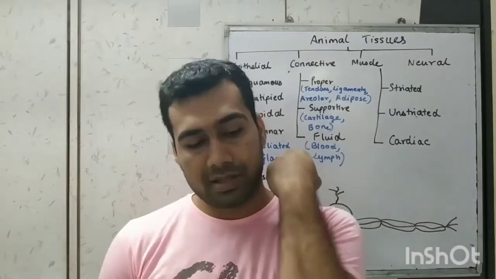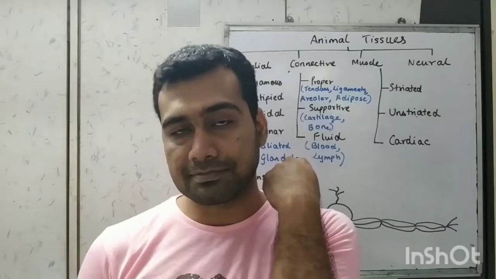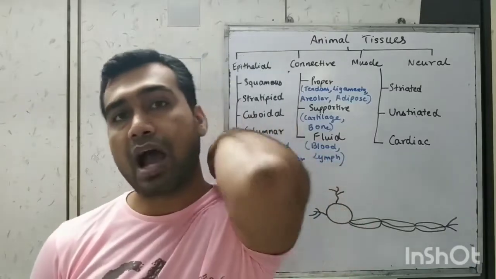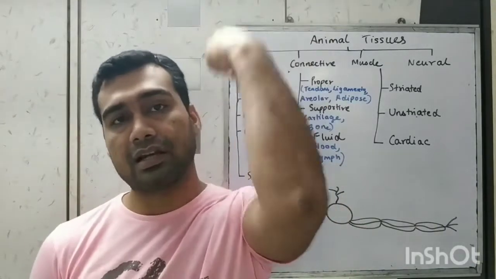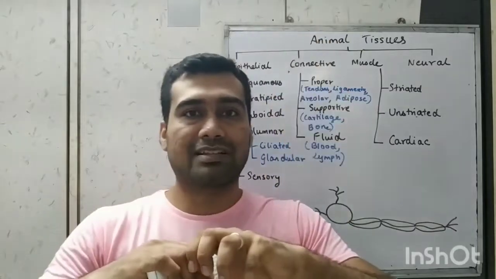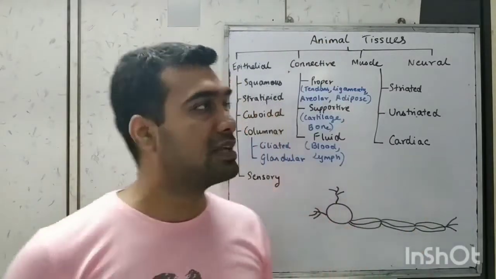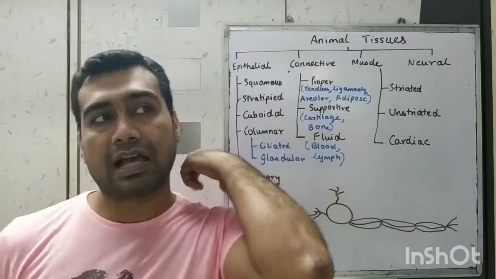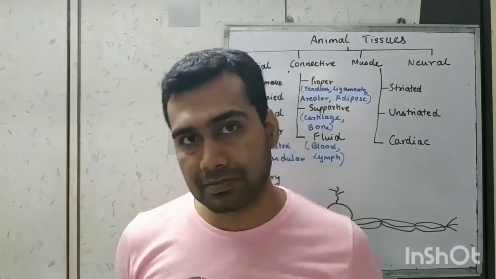So between my bones of the arm at the elbow joint, I have the ligament connecting the bones so that they don't get disjointed very easily. If there is a tear in the ligament, then it's very painful and we need to rest so that it is repaired.